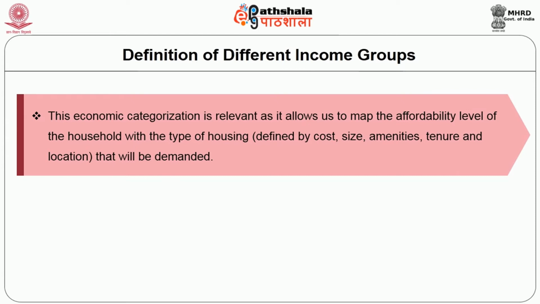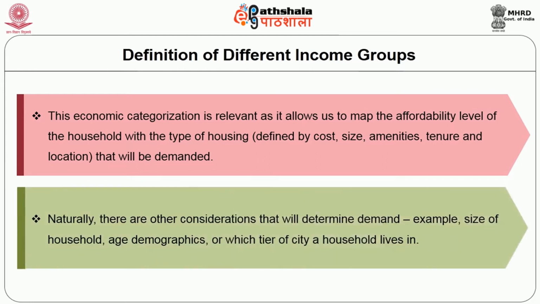It is defined by cost, size, amenities, tenure and location that will be demanded. Naturally, there are other considerations that will determine demand, that is size of the household, age, demographic, or which tier of the city the household lives in.